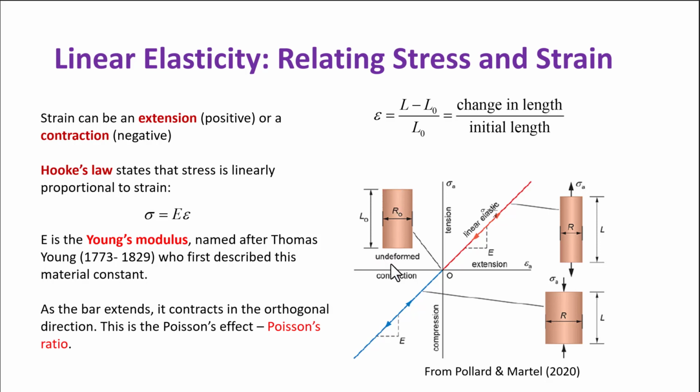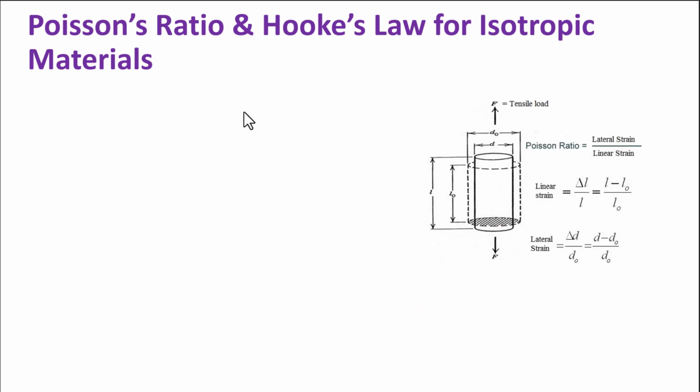As the bar is extended, it actually shrinks in the horizontal direction, even though there is no horizontal stress, and that is due to Poisson's effect. To further talk about the definition of Poisson's ratio, a cylindrical sample is deformed elastically by tensile stress along its axis, so there is strain in the axial direction.